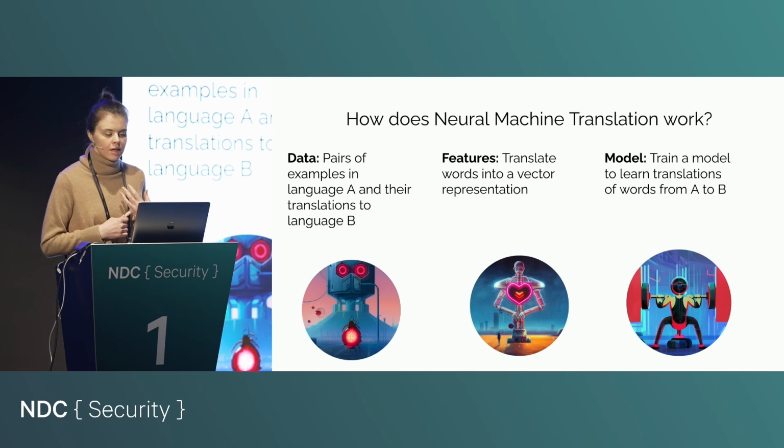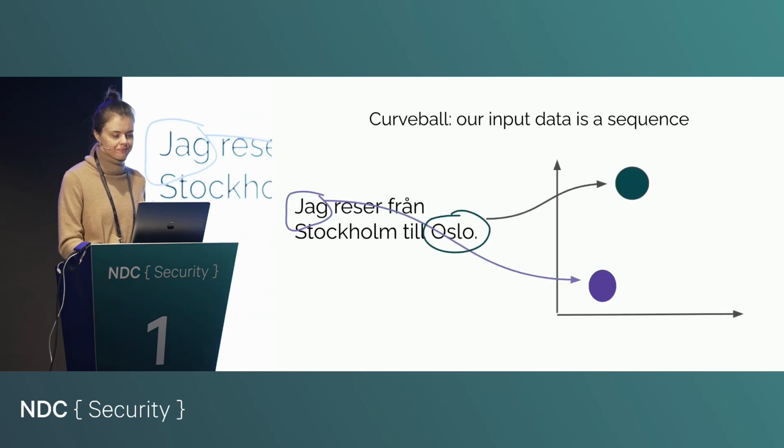They have to deal with numerical vectors. And then finally, we train a model that is somehow able to learn that the word for train is this in language A and the word for train is that in language B, and then make it work. So it seems very simple on the surface.